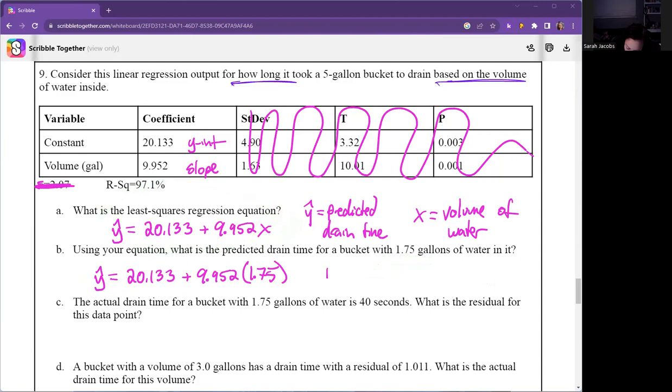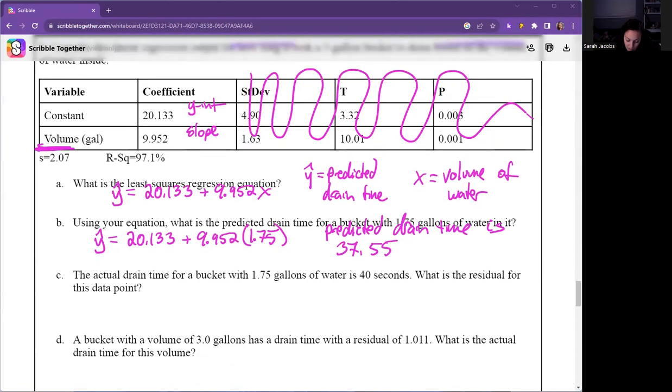And our predicted drain time is 37.55. I didn't specify a unit of time. It's probably seconds, but I didn't specify.